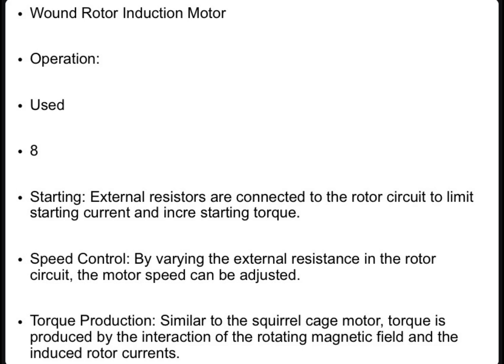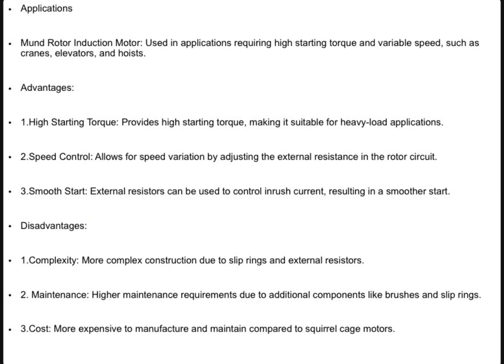Similar to the squirrel cage motor, torque is produced by the interaction of the rotating magnetic field and the induced rotor currents. Applications. Wound rotor induction motors are used in applications requiring high starting torque and variable speed, such as cranes, elevators, and hoists.